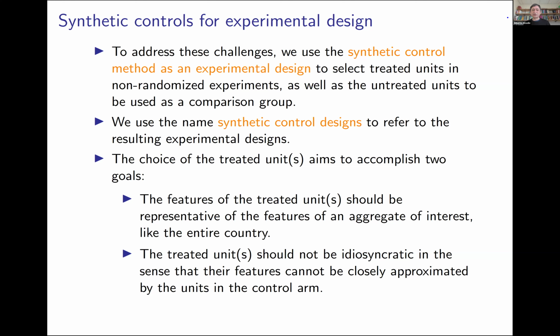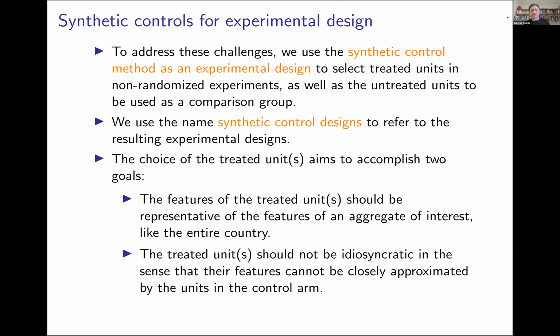Okay, so in the choice of the treated unit, we will try to accomplish two goals. The first goal is that the features of this treated unit are representative of some aggregate of interest, like the entire country. And the other thing that we want is that the treated units are not idiosyncratic, in the sense that their characteristics cannot be reproduced by a set of untreated units.